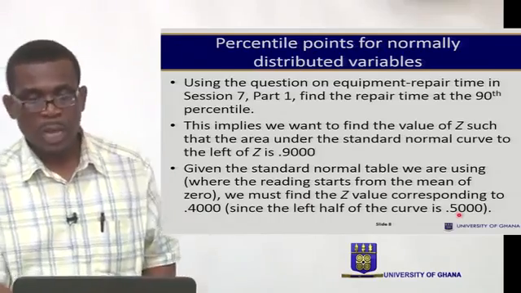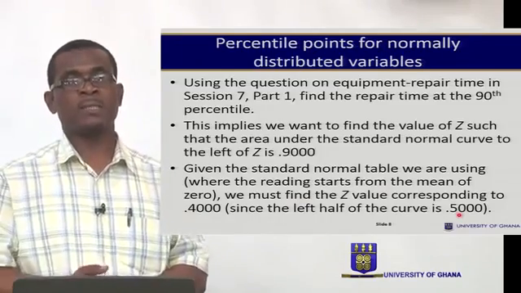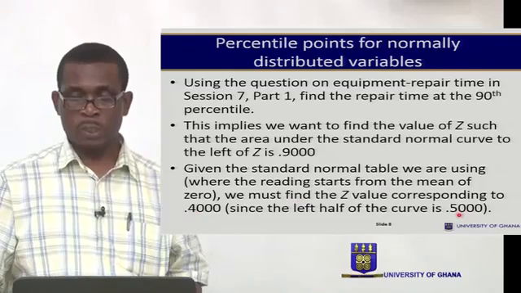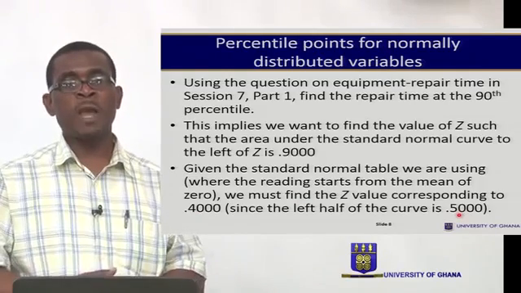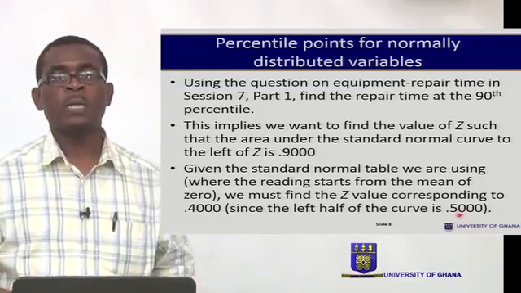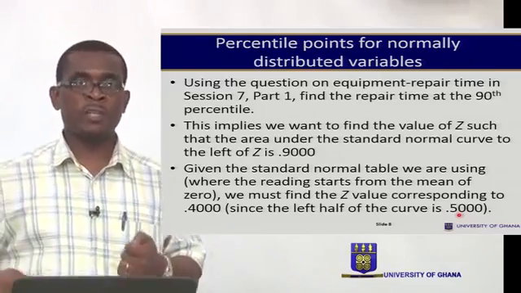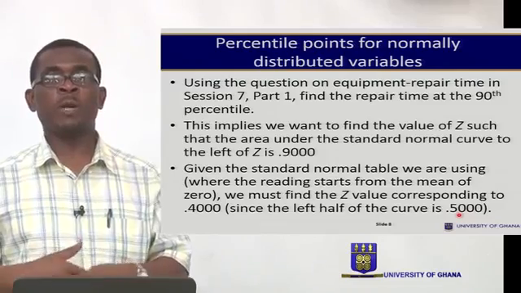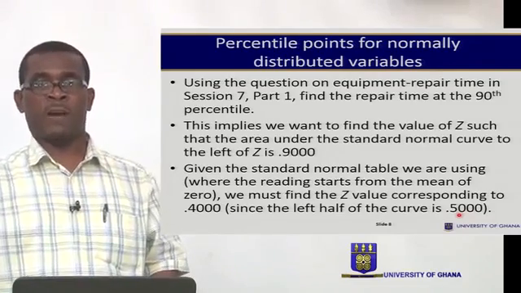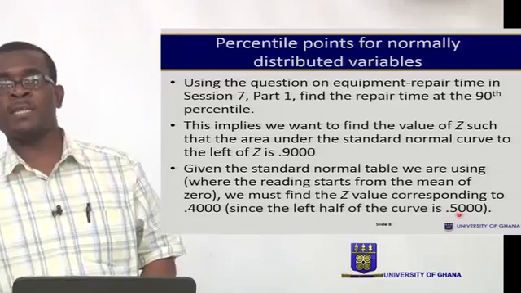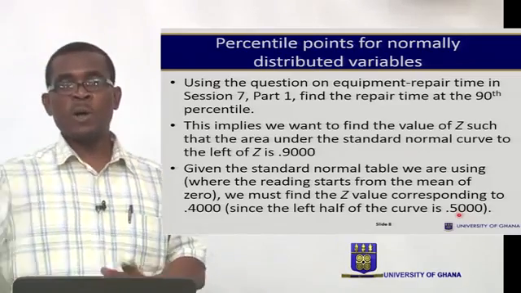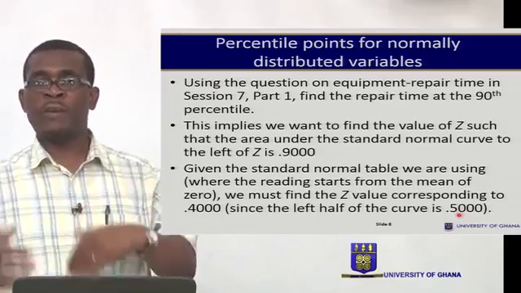So how do we get the z value corresponding to an area of 0.4? It means that we read the normal table in the reverse order. First, what we were doing was that we know the z value and we find the area. But now we know the area, we want to find the z value.